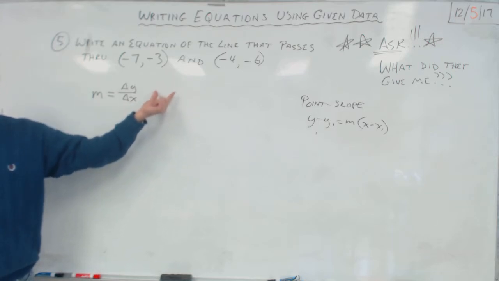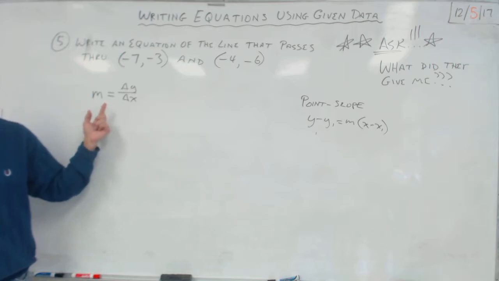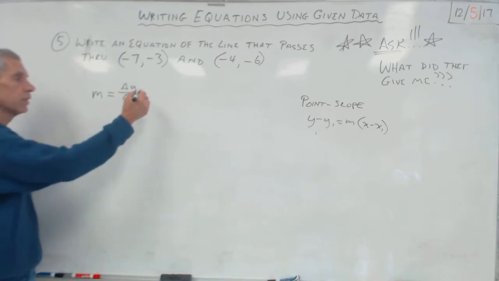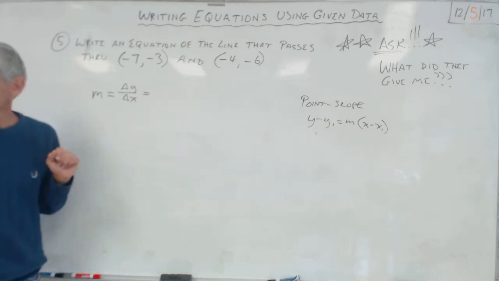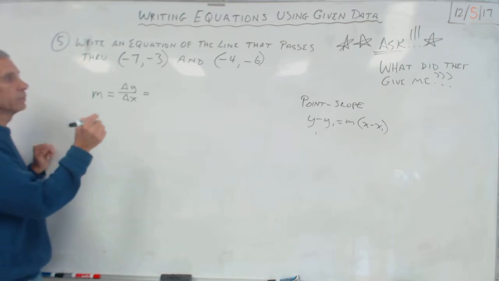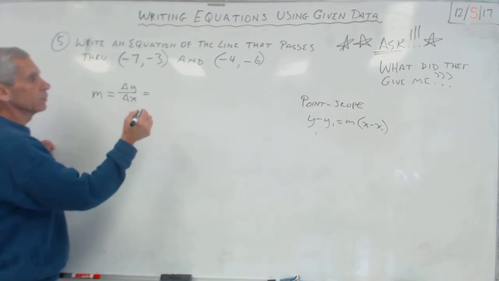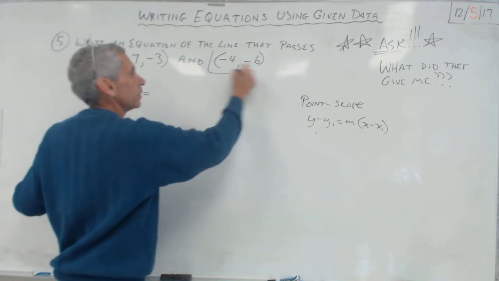Get in the habit of writing that formula every time. It's so easy, it takes half a second. Because -3 is bigger than -6... So you would put a box on the right one.